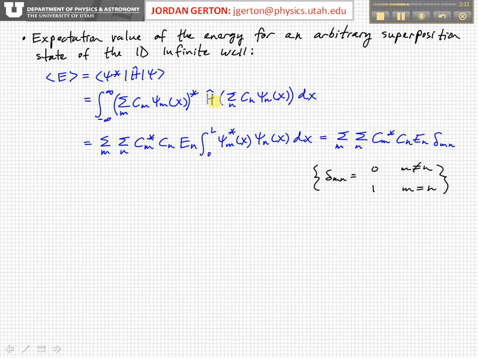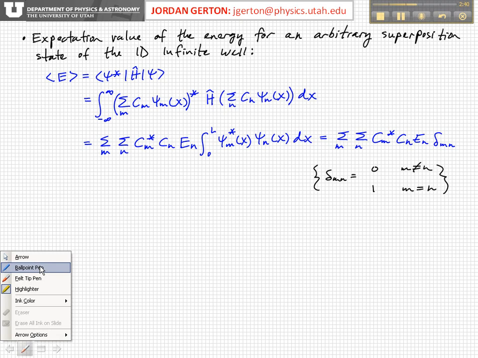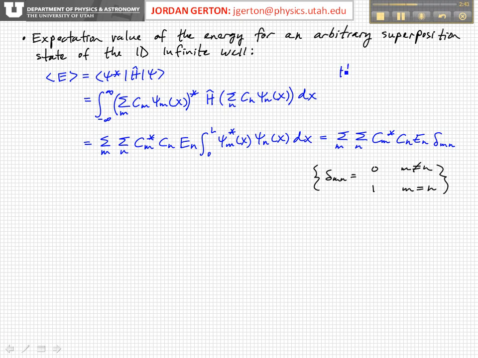Well, we have the Hamiltonian operator operating on a linear superposition of the basis states, and when the Hamiltonian operator acts on a basis state, what you get back is the energy associated with that basis state times that state. So H times psi is equal to E psi. I've written that in a few lectures ago.